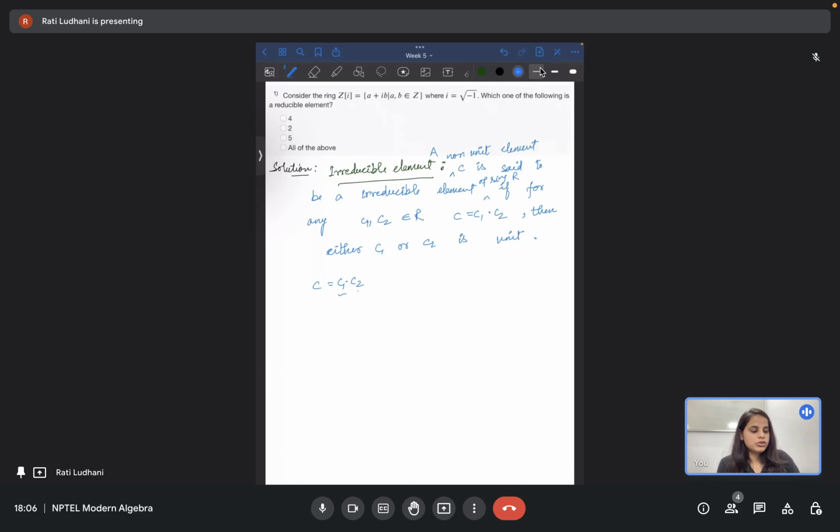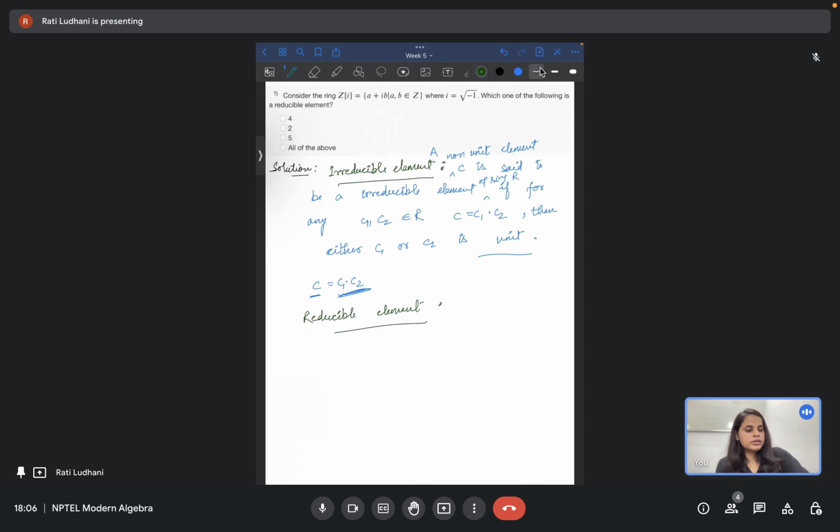Any non-unit element, if you are able to write it as a product of non-unit elements, then it is actually reducible. So the negation of this statement is a reducible element. I said irreducible first because that is more of a standard definition.